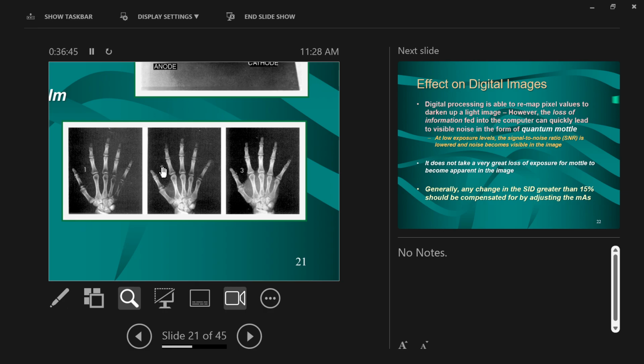So image 2 will be less dense, less black, less dark, okay, brighter. Image 3 will be even less dense, more bright, because we're even further away with image 3. So as we move the X-ray tube away, if we don't change anything else, the beam intensity at the image receptor decreases.